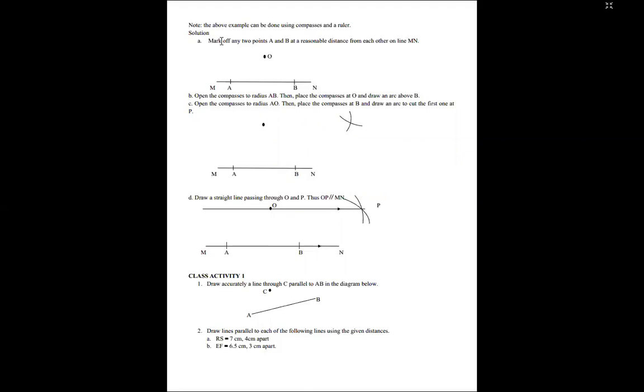Step 1: mark off any 2 points A and B at a reasonable distance from each other on line MN. So the line MN is given already, and points M and N are given. Step 2: open the compasses to radius AB.